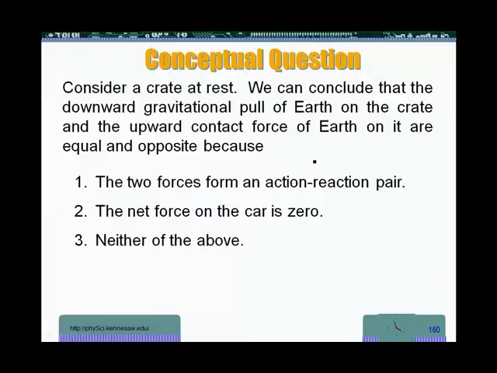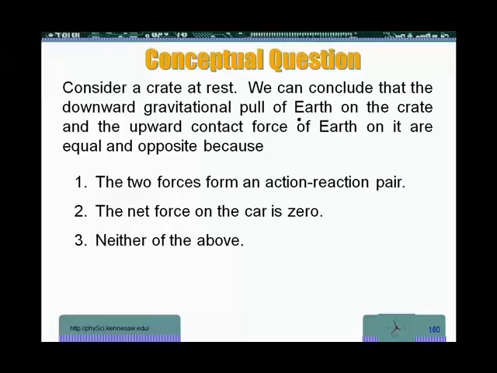This is the question where people usually, all the previous questions are generally easy and usually people don't miss them. But when we get here, people can start getting in trouble. Consider a crate at rest.